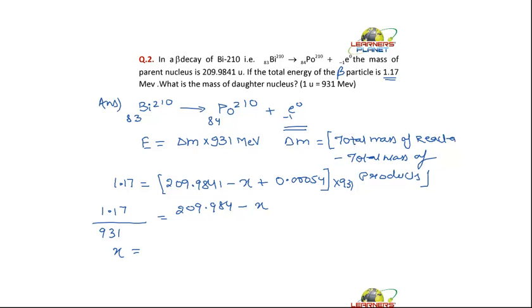Now your x will be equal to, students, it should be 1.17 divided by 931, right? And what will be x equal to? x equal to 209.984, and this would be minus the recall memory, and it will be giving you 209.982, so it should be 209.9827 units.